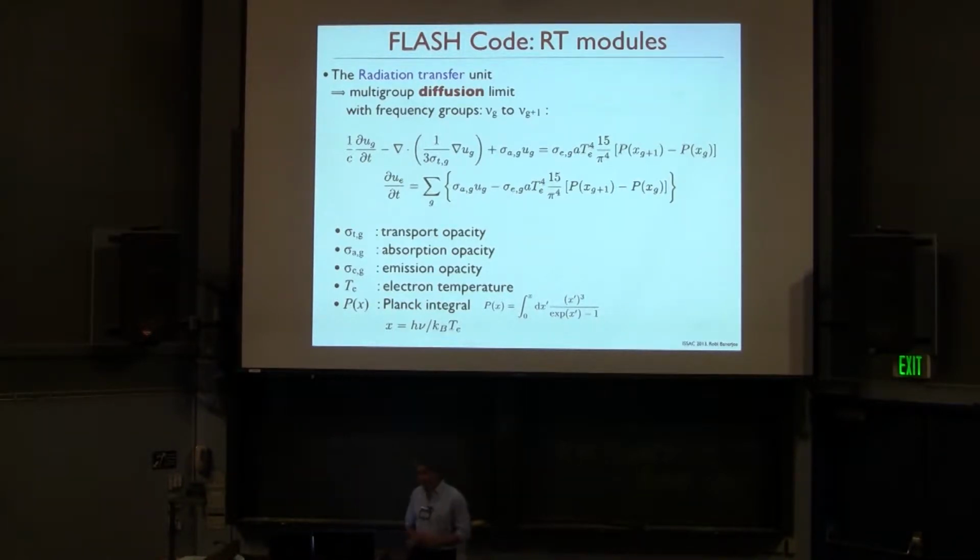So you bin your frequencies in a number of groups, and you can imagine something like 100 or even more frequency groups if you like. And you solve for the radiation energy density here, and you see why this is a diffusion equation because of this term. And of course it has other sources because of the coupling also to the electron density.